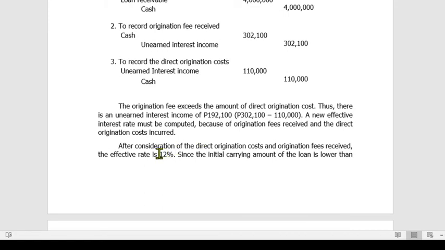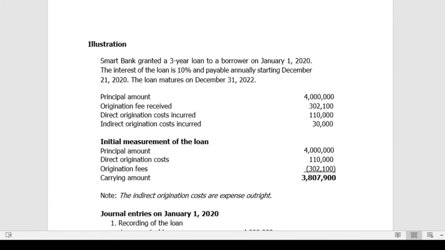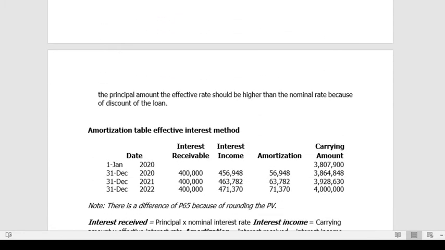Binanggit ko kanina, dito yun, 12%. So, 3,807,900 multiply to your effective rate. Yun yung interest income mo. So, 3,807,900 times 12% is 456,948.